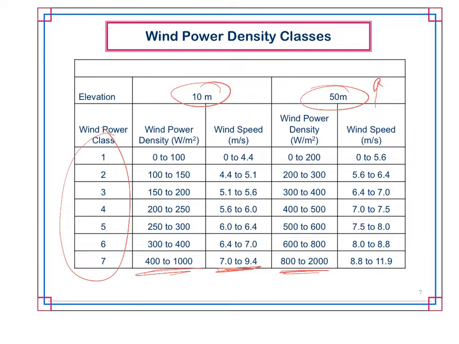One thing I would like you to note, you'll notice here to go from 1,000 to 2,000, I only have to go up by 2.5 meters, right, per second, as opposed to going from 400 to 800, right, which is a 400 watt increase. I went up from 7.0 to 8.8, so that's 1.8 meters. So this is a 1.8 meters per second increase to give me 400 watts.